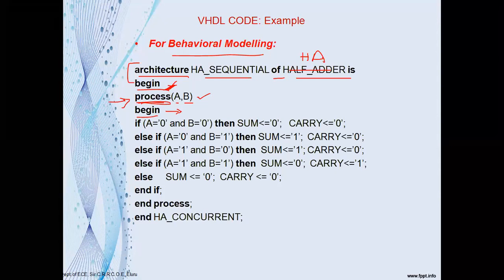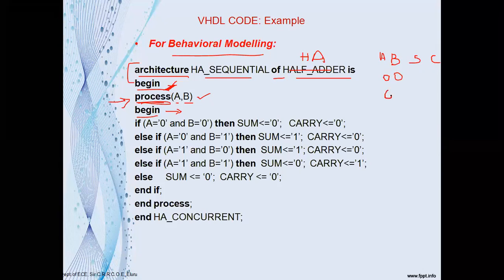And now see here how the device is describing the functionality of the half adder circuit. Just recall the truth table here. A, B are the inputs, S and C are the sum and carry respectively. Now you know the four possible combinations.